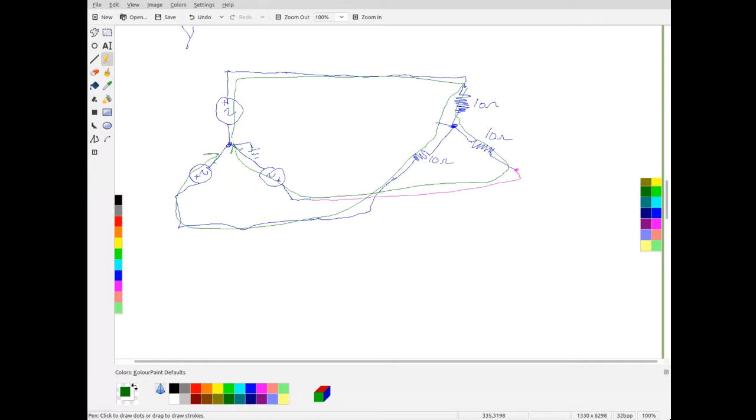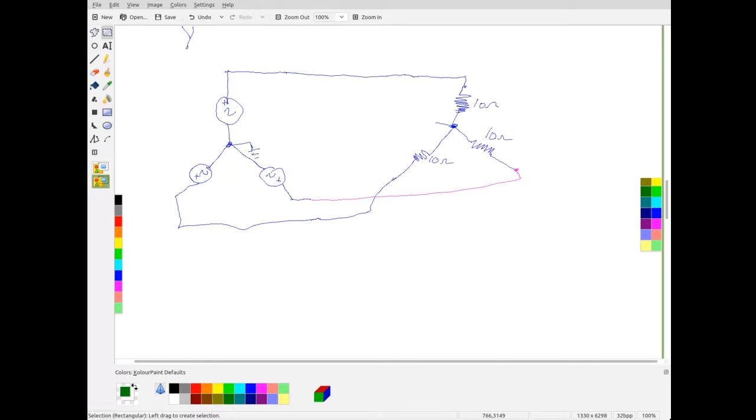So either way, if I didn't connect that ground, I'm still going to have that current flowing back and returning to my current source. So I have a complete circuit.